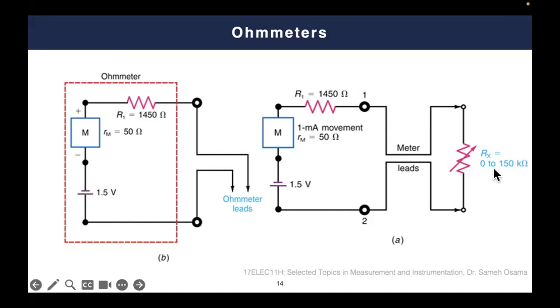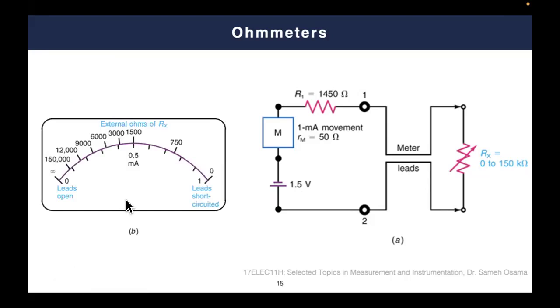So what you are doing here is just substituting this total resistance from 1.5, and this will give you the true value of your resistance, because simply you know the value of your internal resistance and you know the value of the source. Okay, so simply you have one unknown in this equation, which is the resistance to be measured.